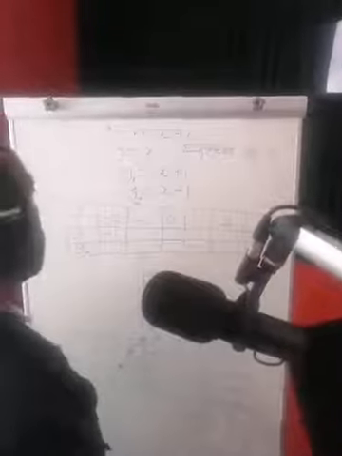Then if you put -1 where there's x on the first function, which is y1 is equal to x plus 1, you are going to have -1 plus 1, which is 0. And if you put 0 where there's x, you are going to have 0 plus 1, which is 1.